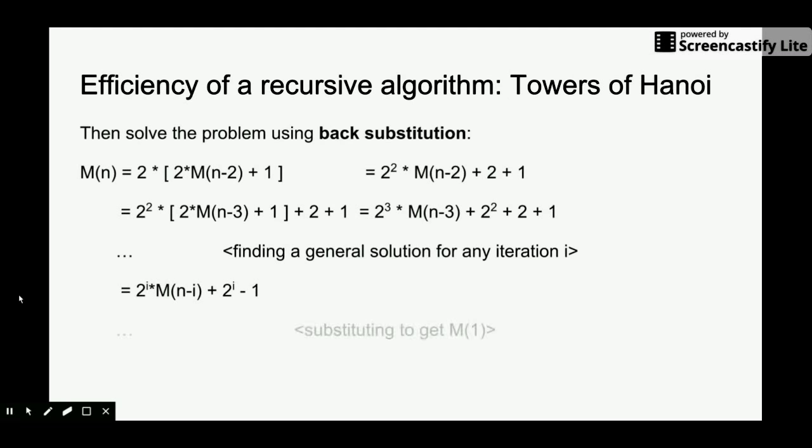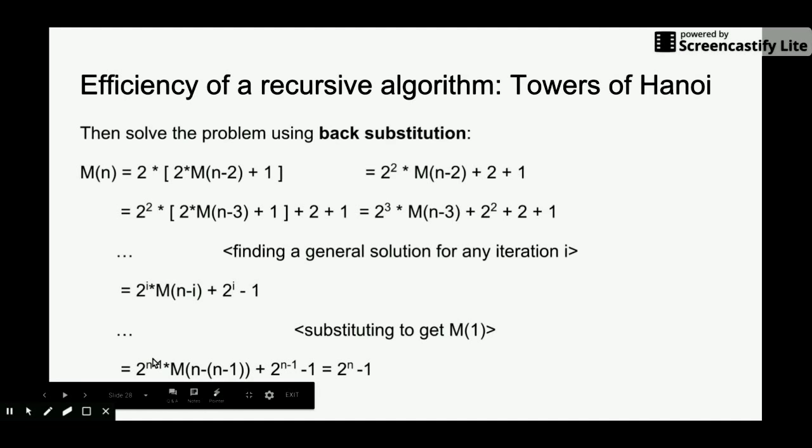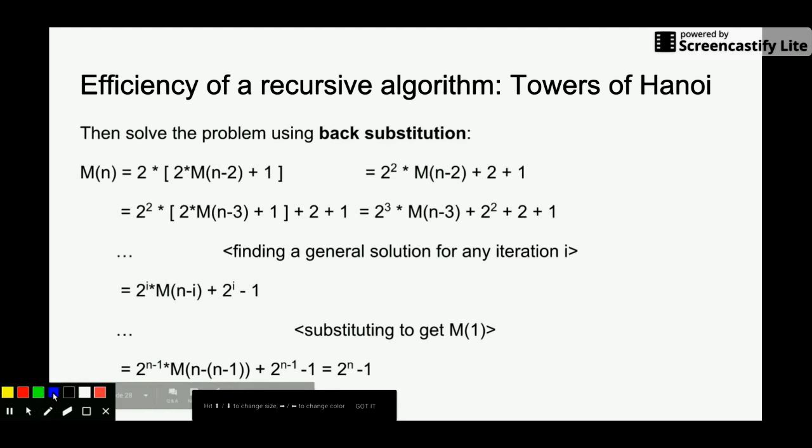That is, how can we cancel out the n that's inside m of n? Well, we substitute n minus 1. So substituting n minus 1 in for i, we get the following: 2 to the n minus 1 times m of 1, which is 1, plus 2 to the n minus 1 minus 1, which is equal to 2 to the n minus 1.